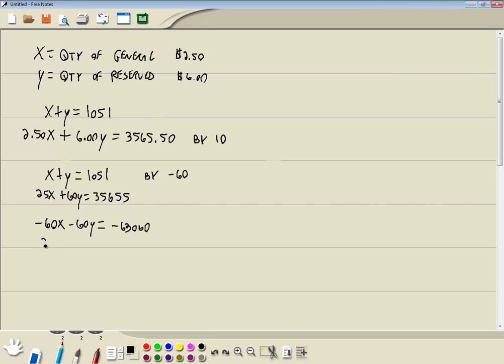And then our second equation remains as is. So we got 25x plus 60y is equal to 35,655. Now I want to add these equations together. Negative 60x plus 25x gives us negative 35x. Negative 60y plus 60y cancels.